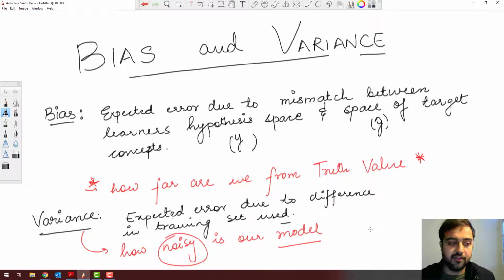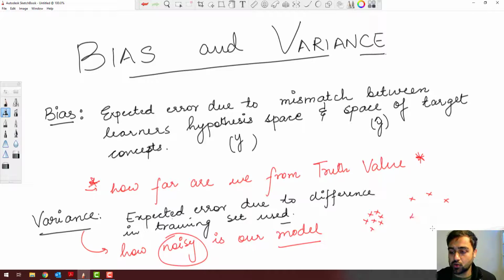If samples are of the same class, they are more likely to be grouped together, right? But if our model is noisy or if our variance is high, the output would not be grouped so closely together. So that means there is noise in here. That is why the output that we are getting is not clustered together.